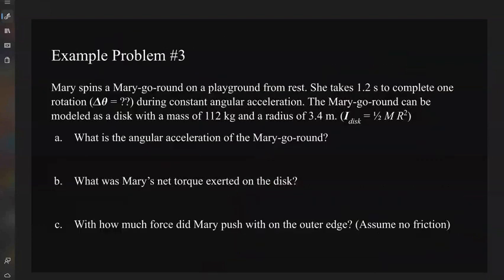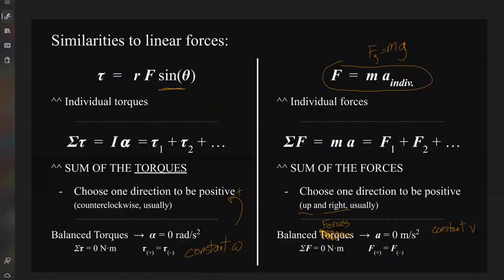All right. So let's take a look at a couple of these. Mary spins a merry-go-round. Sorry, before we get into this, I didn't emphasize enough this part right here, that the sum of the torques equals I alpha, because I, rotational inertia, is basically our rotational equivalent of mass.